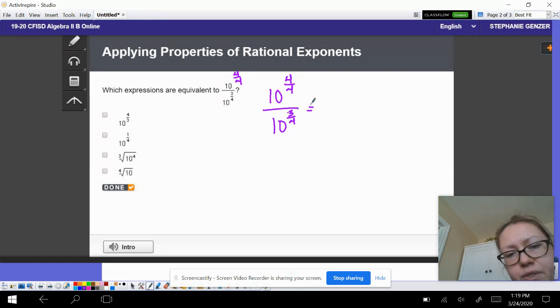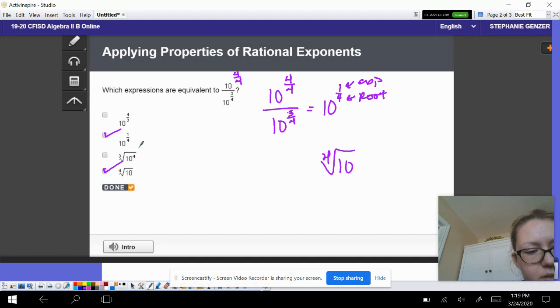So 4/4 minus 3/4 is 10 to the 1/4 power. There's another way we can write that, right? This is the root, and this is the exponent. So this would be the 4th root of 10. So that's another option.